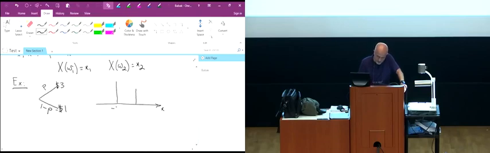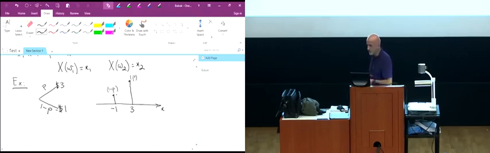If I'm doing trading, it will take on the value -1 with some probability, or I make $3 with probability p, or lose $1 with probability 1 minus p.